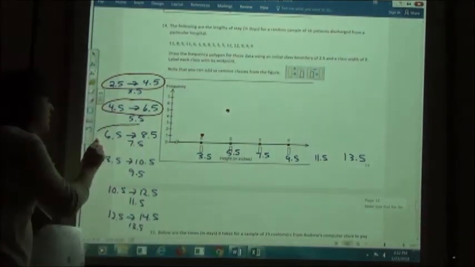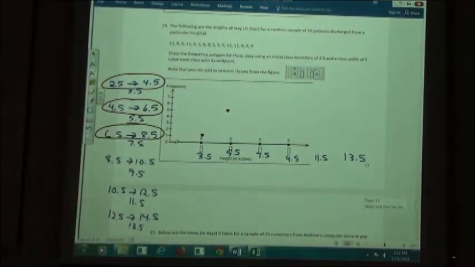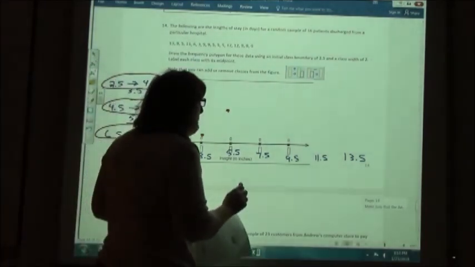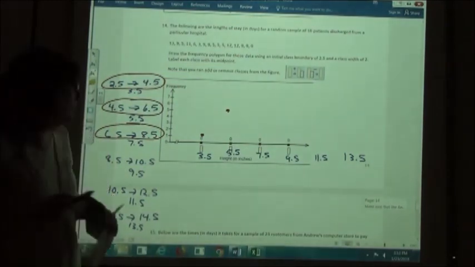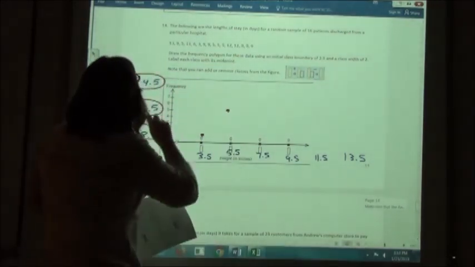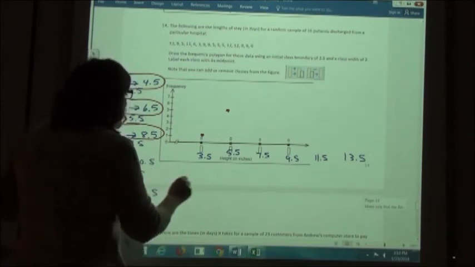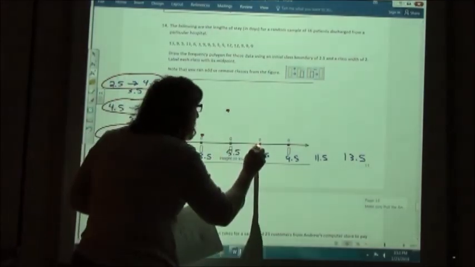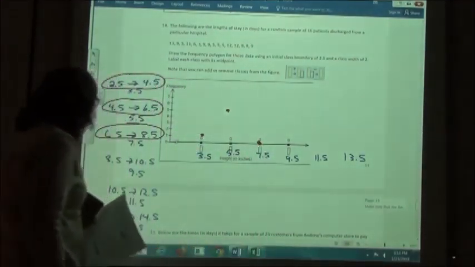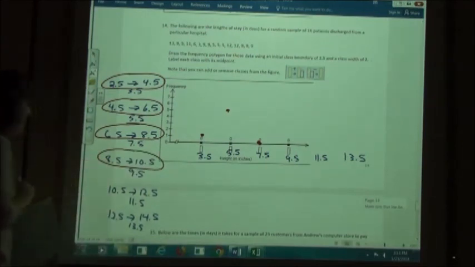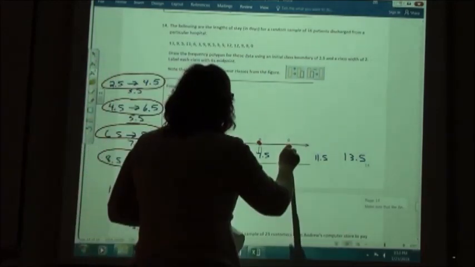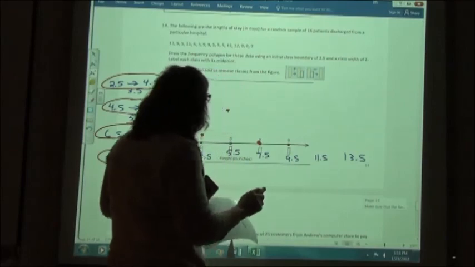In my next section, from 6.5 to 8.5, so 7 to 8, there are none in that section. The next section, 8.5 to 10.5, so from 9 to 10, we have 6.